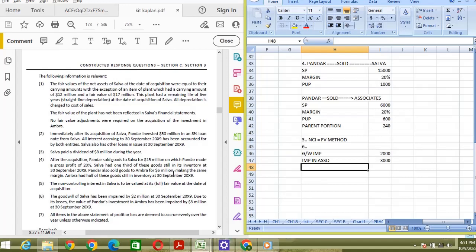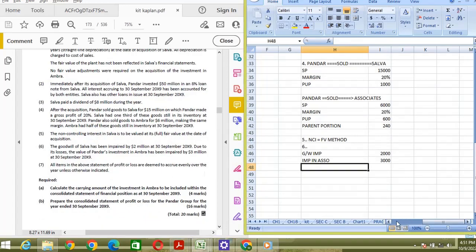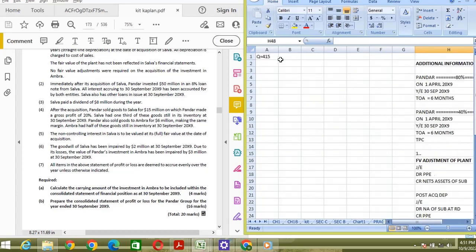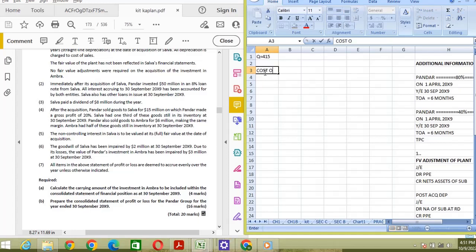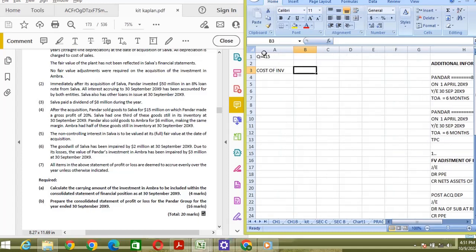So let's move to the calculation which is required by the question. The first one is the carrying amount of investment in the associates. First we will write down the cost of investment, the initial investment, which we calculated earlier.